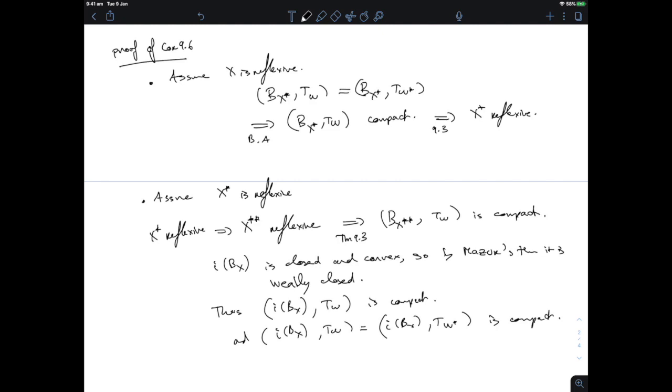Because the weak star topology on X double star restricted to the image of the unit ball of X is really the weak topology on the unit ball of X. So this is identifiable to the ball of X with its weak topology. And this has to be compact, but this then, again by theorem 9.3, guarantees that X itself is reflexive. Okay, so reflexivity is a self-dual property.